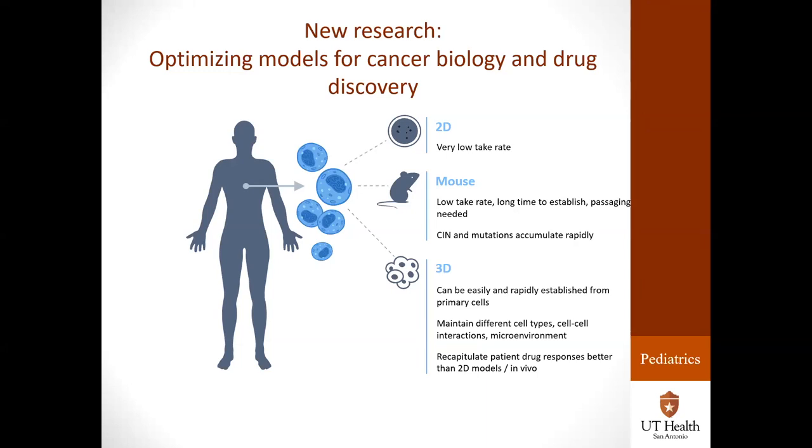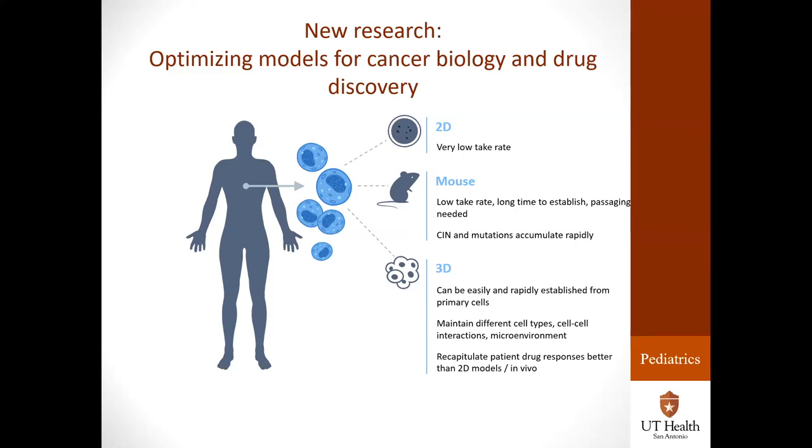So unlike many forms of common cancer, rare cancers have lagged behind in terms of the existence of models that can help us understand the disease and use it for preclinical drug testing. And that includes cell lines, genetic mouse models, and we have been trying to establish new ways of studying these tumors, in particular PPGLs.